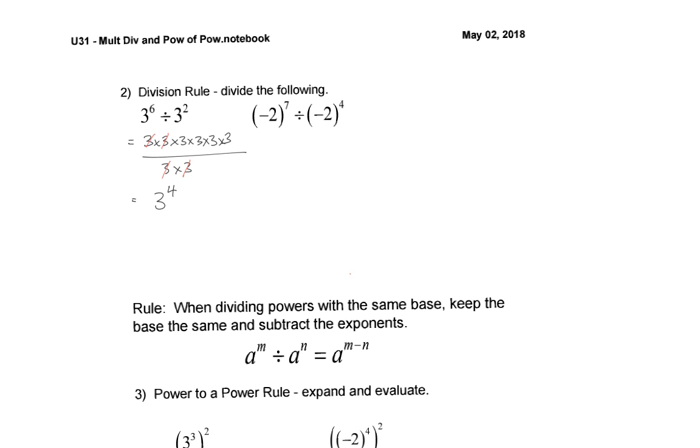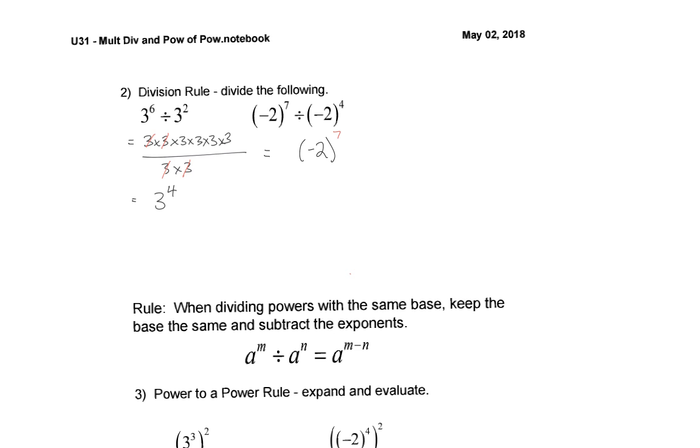So in essence, when we're dividing, all we're going to be doing is subtracting exponents. Let's try that with the next problem. So we have -2 to the 7 divided by -2 raised to the 4. So our base is -2, and we're just going to simply subtract the exponents.